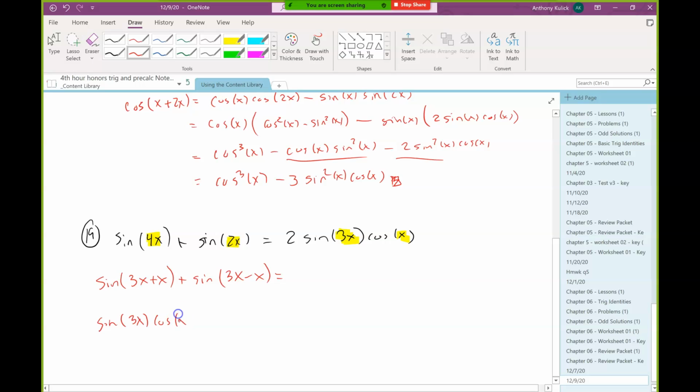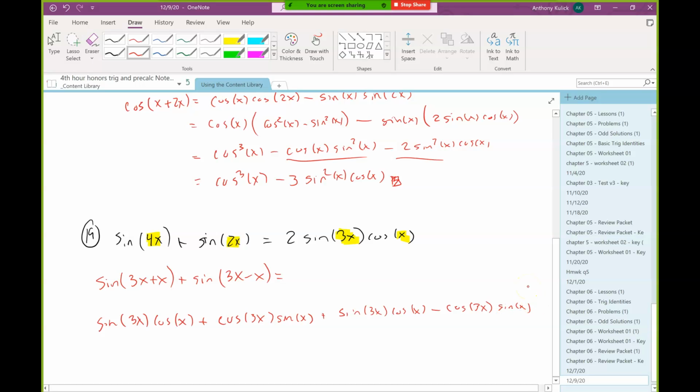So I have sine 3x cosine x plus cosine 3x sine x, and then we have plus sine 3x cosine x minus cosine 3x sine x.